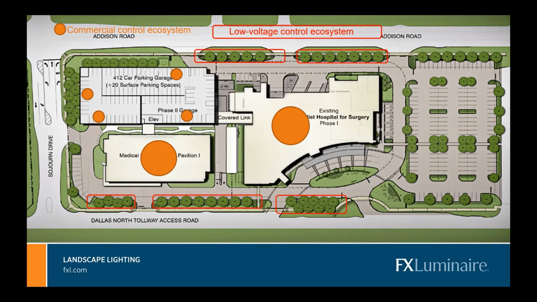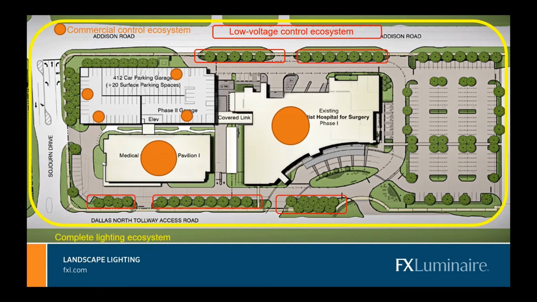And if we have the ability to tap in or integrate with this commercial control system, then that'll give us a complete lighting ecosystem. A lot of times, if there is a commercial site or a building that is interested in low voltage lighting, it'll probably be a lot easier sell to make sure that your low voltage system can tie into the overall system, because the people making those choices are probably running that commercial control system from a higher level.